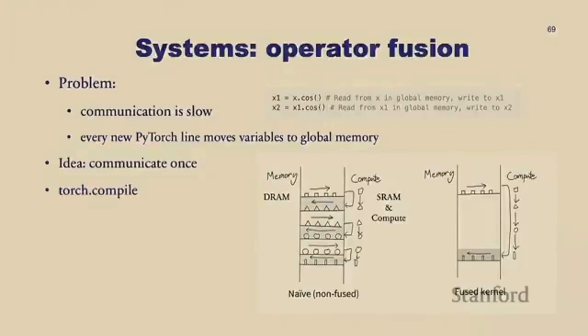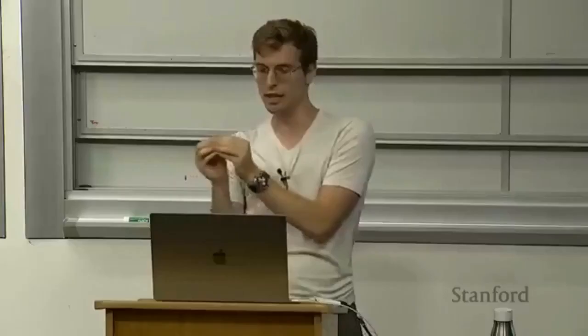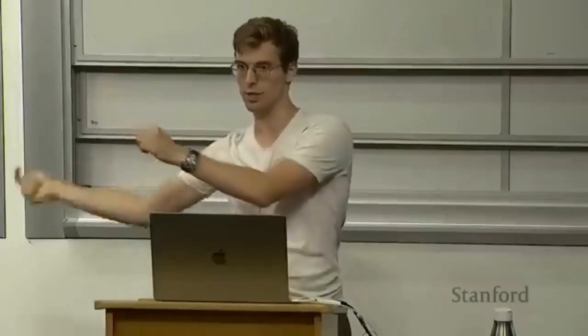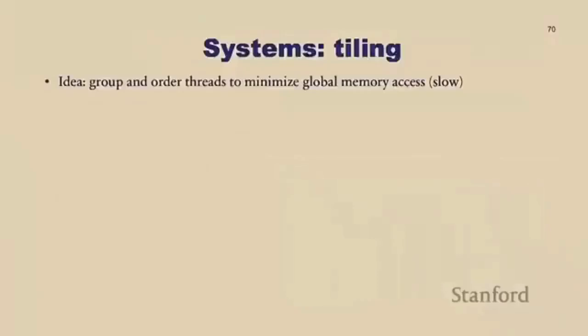So if you ever want to make your computations in PyTorch much faster, just apply torch.compile on your model. This is going to make your model around 2 times faster. What it does is simply rewrite your PyTorch code in C++ and CUDA to do the communication only once, then do all the operations, then ship it back.